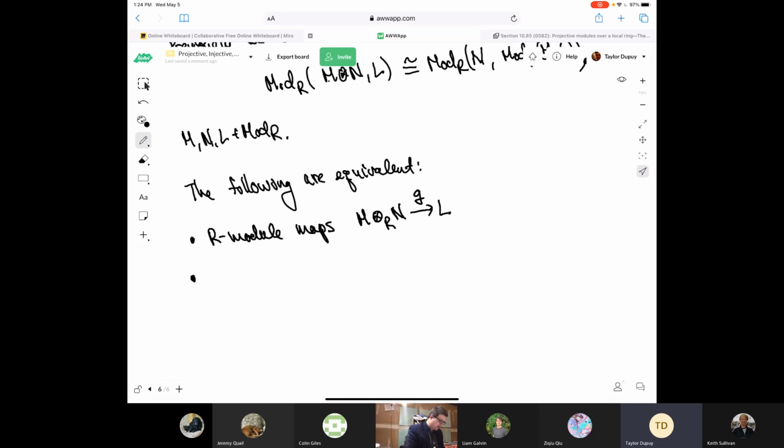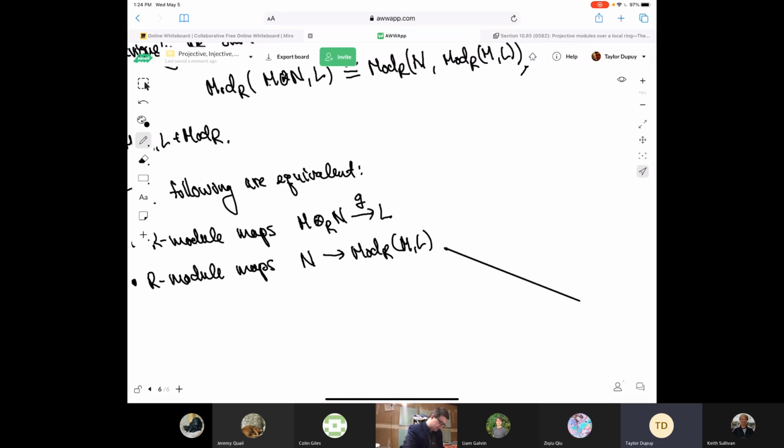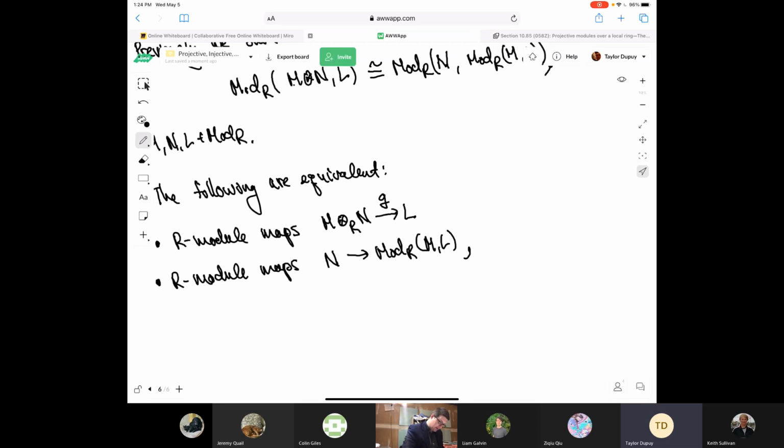Second, R-module maps from M into Hom_R(N, L); to every element n of N we get a map, so n maps to, say, f of n.